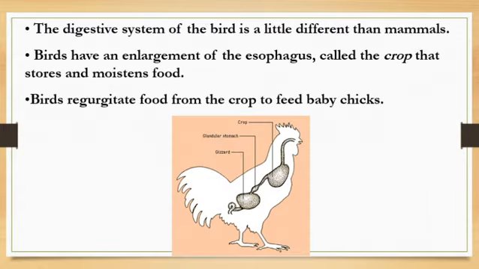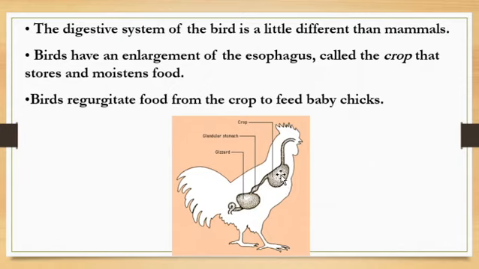The digestive system of the bird is a little different from the mammals because birds have an enlargement of the esophagus for temporary storage called the crop. The main function of the crop is to initially moisten the food and serve as storage also. Birds regurgitate food from the crop to feed the chicks.